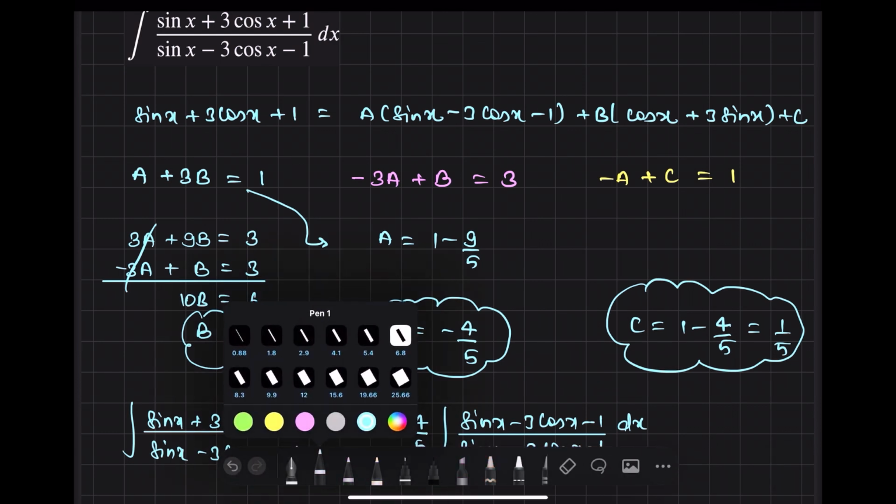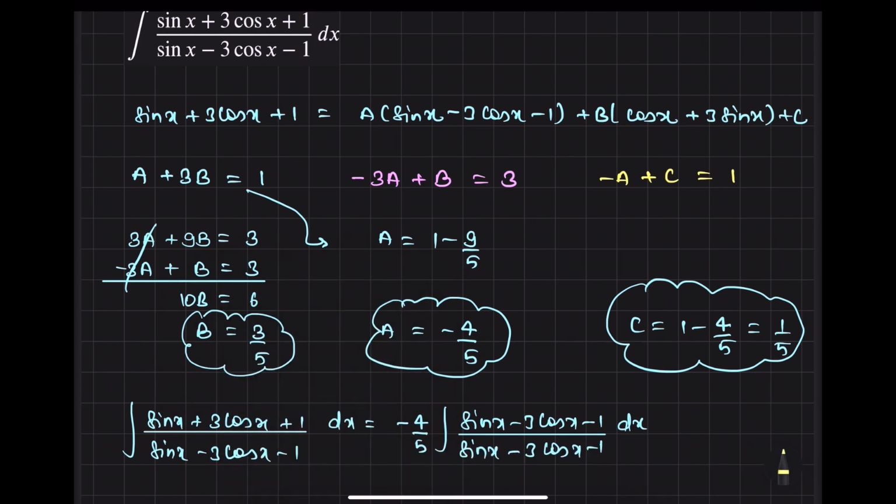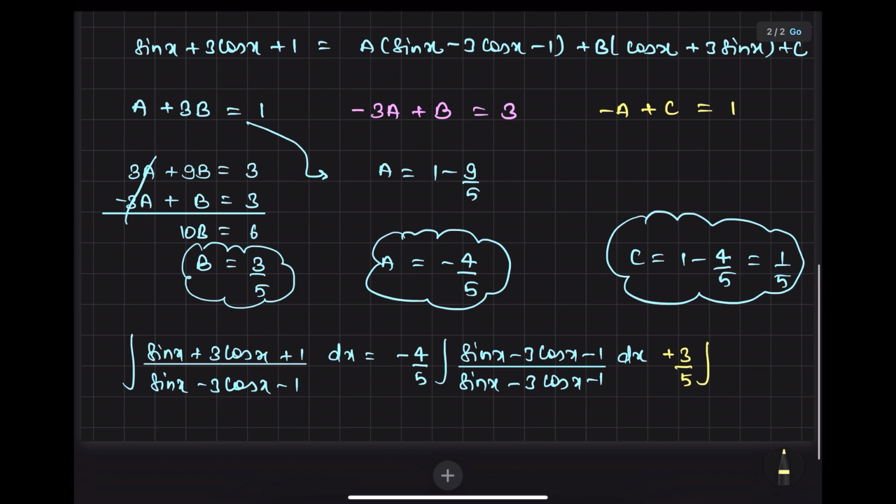Then b is 3 by 5, and we write cos x plus 3 sin x dx upon the denominator sin x minus 3 cos x minus 1.